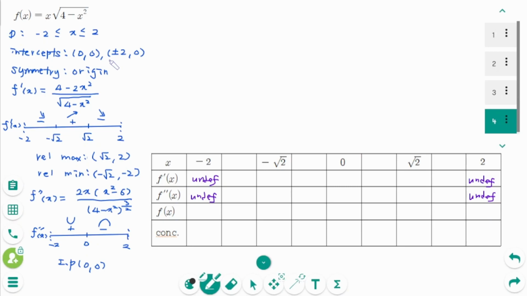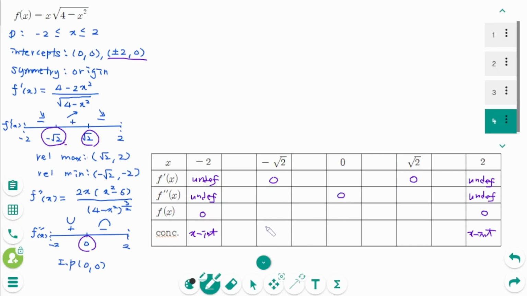And plus or minus 2, 0 is the x-intercept. f prime of x equals 0 when x equals minus square root of 2, square root of 2. f double prime equals 0 when x equals 0.